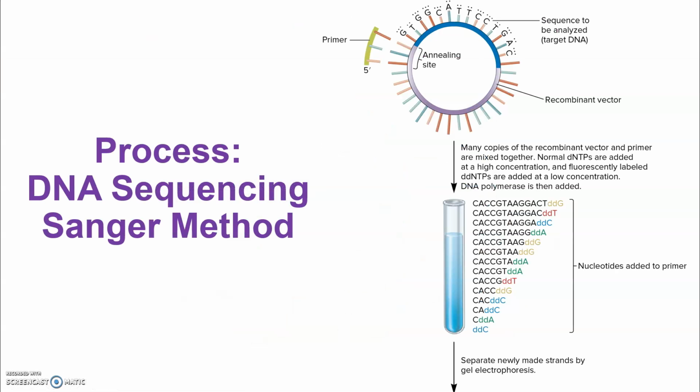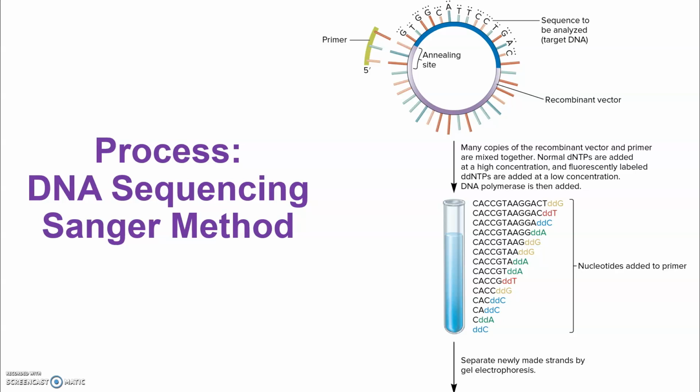So when you put it together, Sanger had to go back to those gene cloning techniques that we talked about. He has target DNA, small sequences of DNA that are put in these recombinant vectors, and then he's throwing at them the fluorescently labeled dideoxynucleotides and then normal deoxynucleotides so that some complementary base pairing can occur.